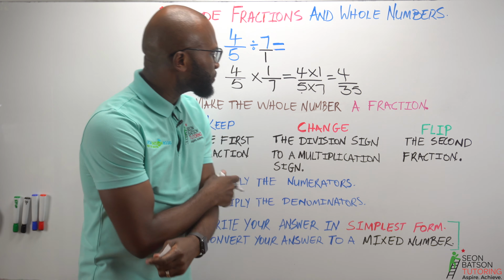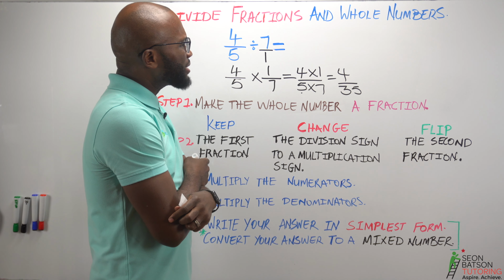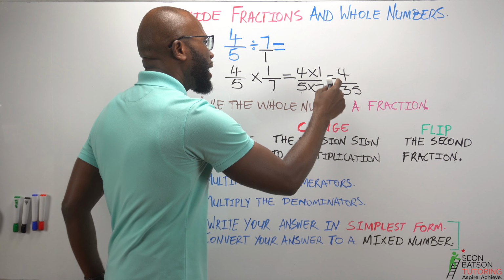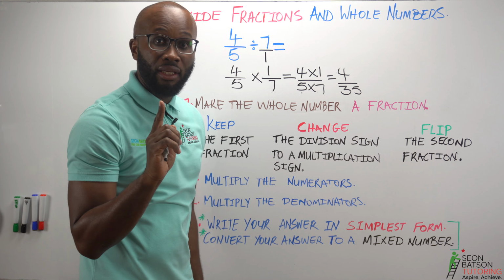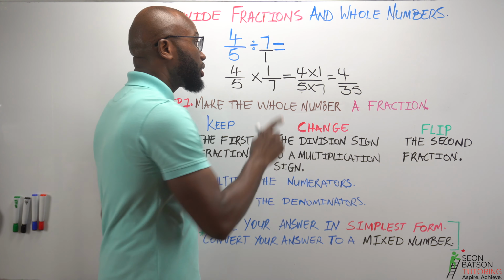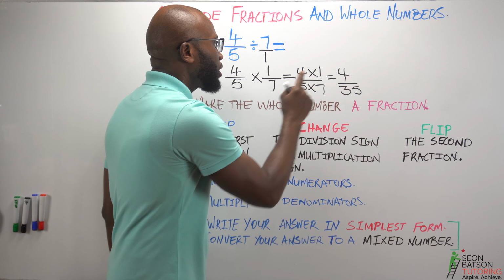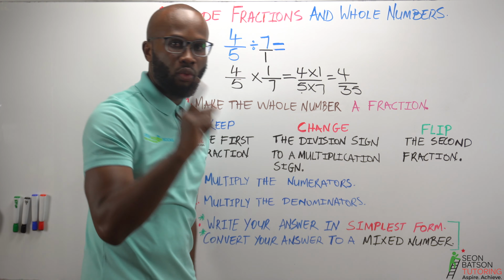In this example, the biggest number that can go into 4 and 35 evenly is 1. Therefore, the greatest common factor for 4 and 35 is 1.